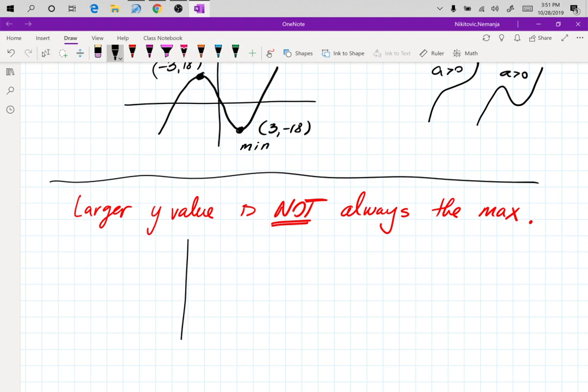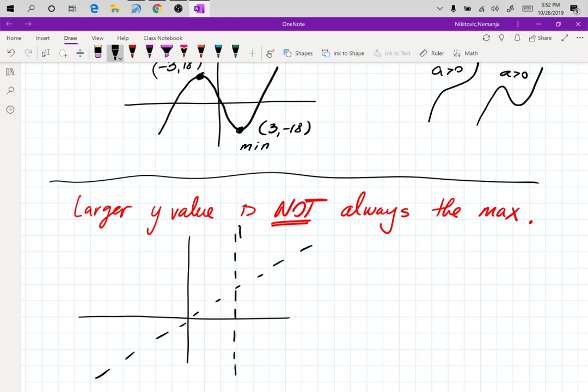Guys, this is one of the standard problems that showed up on exams many times. So if you have, let's say, a vertical asymptote like this and what we call a slant asymptote, which you are familiar with, like that, and you draw a function that follows these. Do you see how this is a max, right?